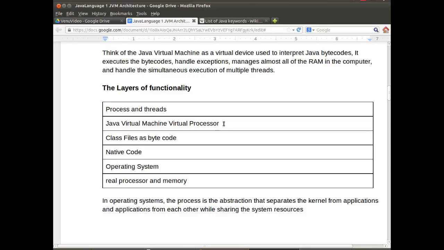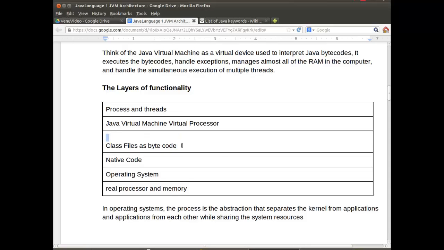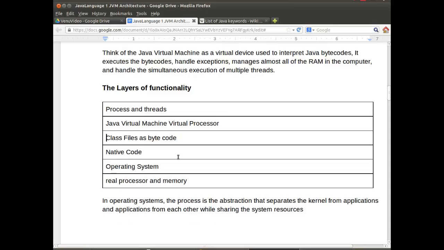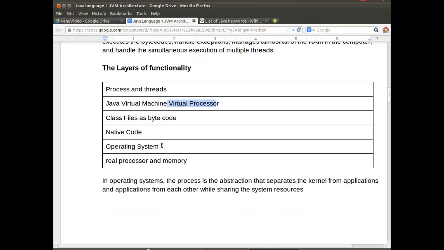So just as a real processor reads machine codes to run the operating system, the virtual processor reads the bytecodes to run the Java Virtual Machine or process. When we compile, we create bytecodes, so we have a bytecode layer. So the bytecodes exist there in the file system, and the virtual processor of the Java Virtual Machine reads them.